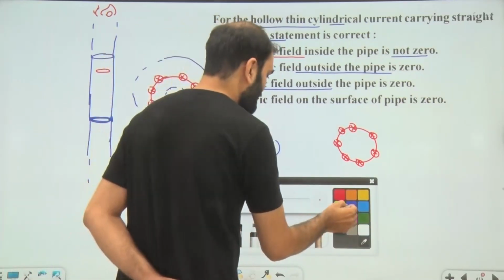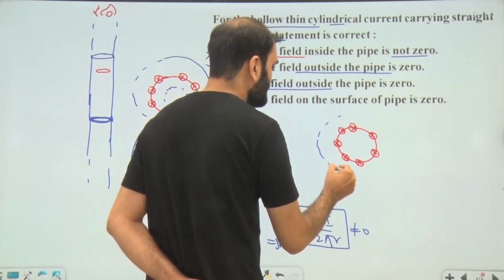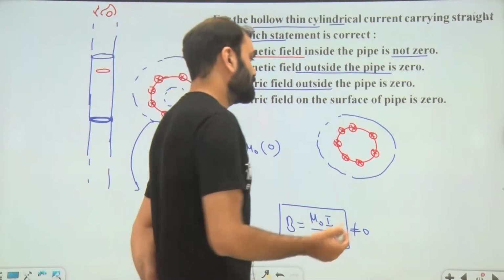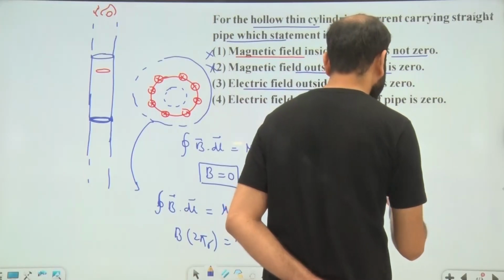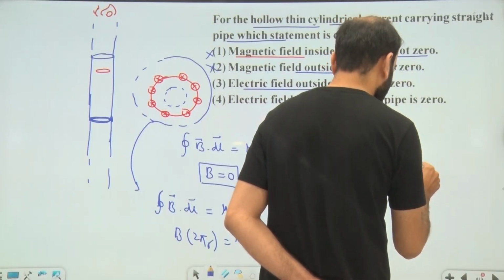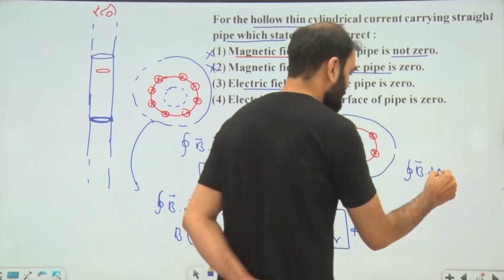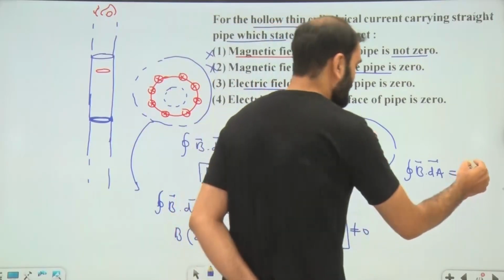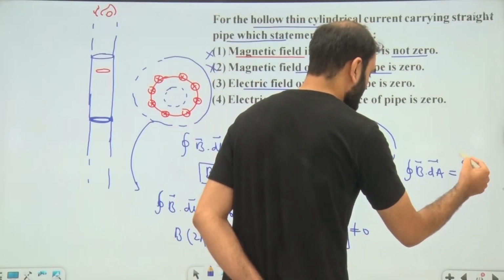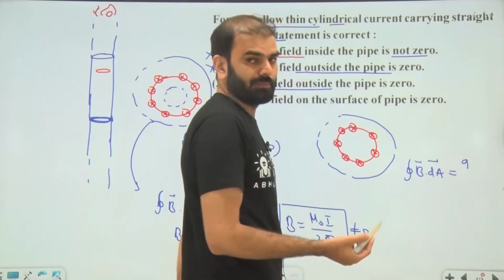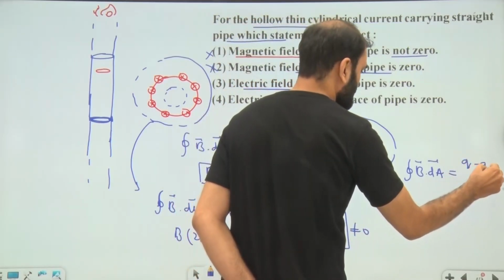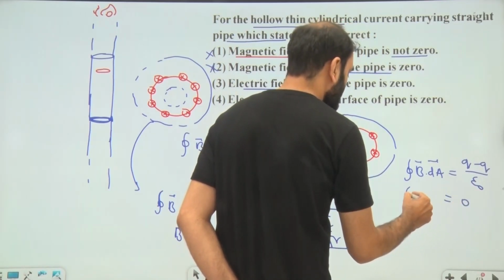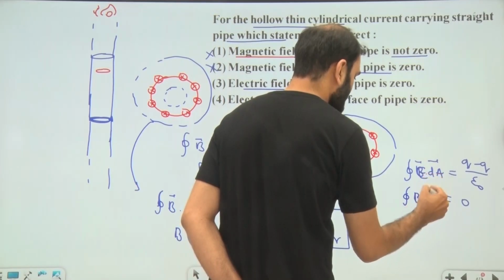If you are considering a surface outside that, you can see in this wire the number of protons and electrons is the same. So the total net charge inside the Gaussian surface, the integral of E vector dot dA vector, will be equal to Q enclosed over epsilon naught. Whatever the number of electrons you have, the same amount of protons will be there. So it will be Q minus Q upon epsilon naught, and that's coming out to be 0.